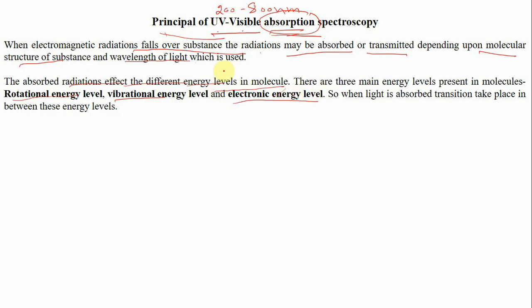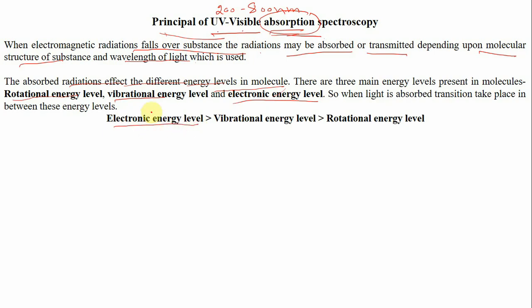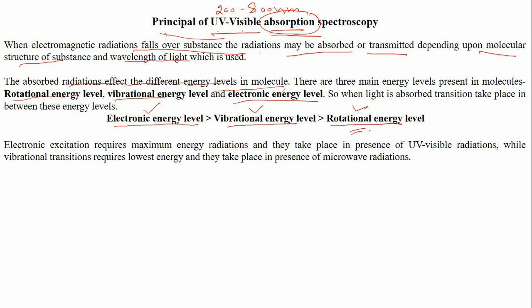Out of these three energy levels, the electronic energy levels have the maximum energy. That means to have transitions between these energy levels, you need maximum energy. Then you have the vibrational energy level, and the rotational energy level has the lowest energy.